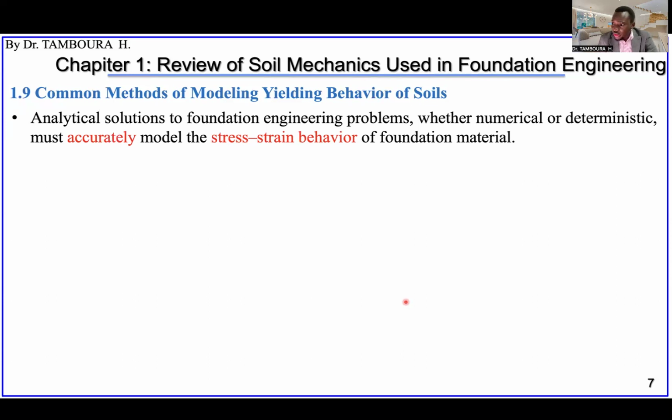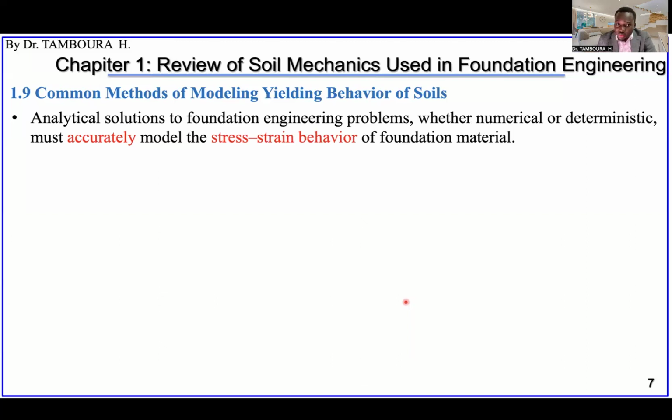So each soil behaves differently. The stress you apply on clay will not cause the same deformation if it was applied on sand, for example.